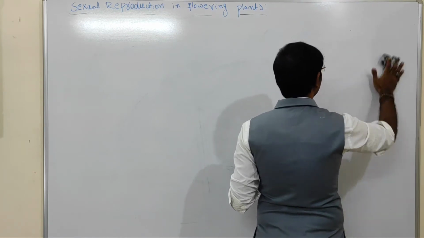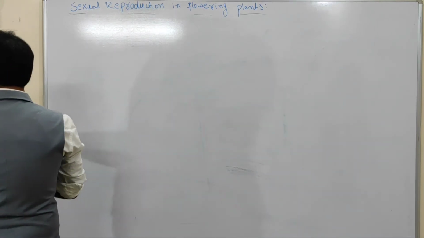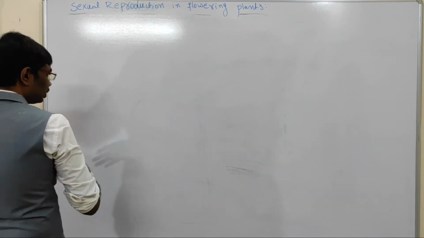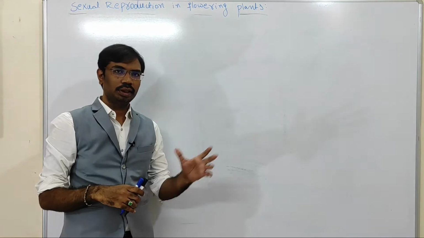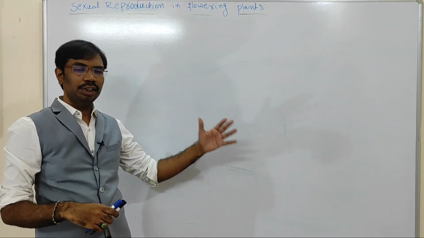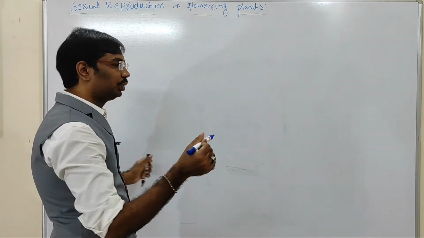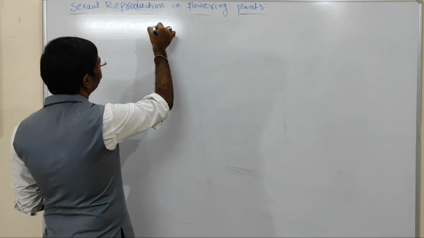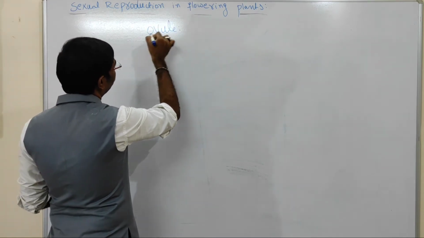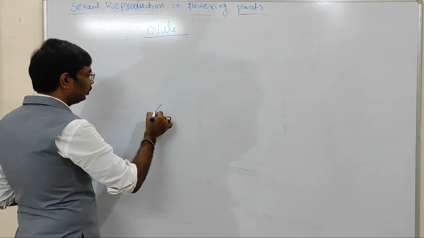This is the sequence: first we discussed the female reproductive structure, the pistil. Then we discussed each part of the pistil. Now we are going to discuss the ovule structure.